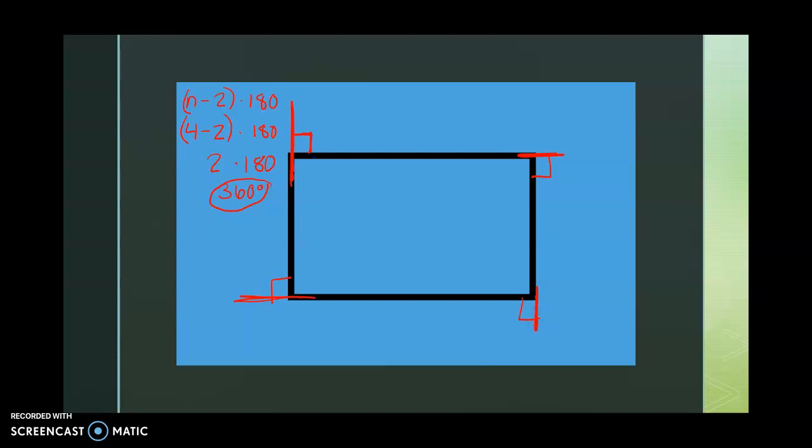So they, again, as always, will add to 360 degrees. But if we wanted to find the angle of one exterior angle, how would you do that? If you didn't just know it was 90. You should count how many different angles there are. There's 4. 360 divided by 4 tells you that each angle has to be 90 because they're all the same.